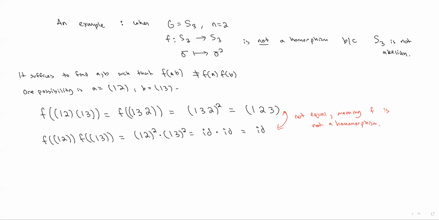Okay, so that covers all the examples and non-examples I want to look at. The next thing is a specific theorem in your textbook, and specifically applying this theorem to some examples of homomorphisms.